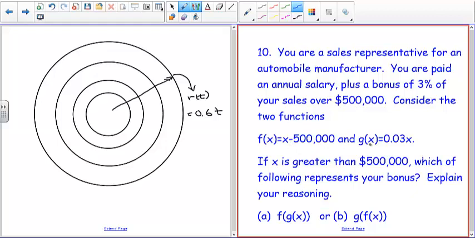Your g of x is 3% of your sales over $500,000. So if x is greater than $500,000, which of the following represents your bonus? You basically get up to $500,000, you just get your annual salary. But if you sell more than $500,000, you get 3% of the amount over $500,000. That's what's called your bonus.